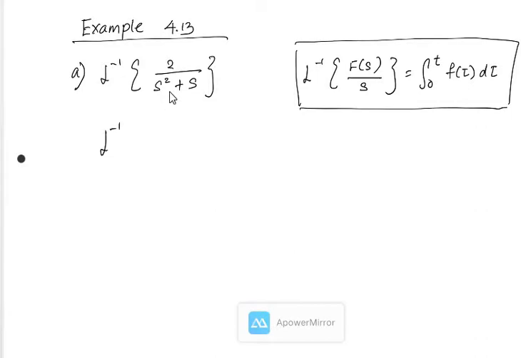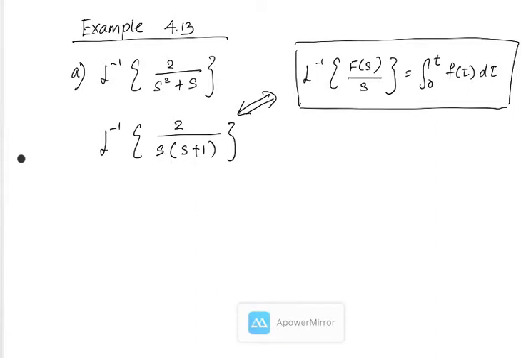So the inverse Laplace transform can be of 2 over s multiplied with s plus 1. We factor out the denominator, and then you compare with the transform of integrals. If you look at this one, inverse Laplace transform of F(s) divided by s, and this one also is divided by s.